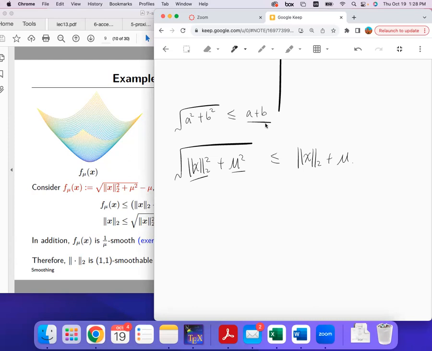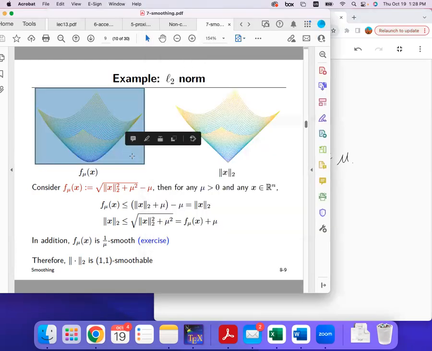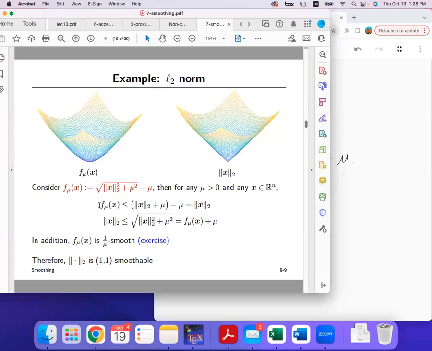Therefore, f mu is less than or equal to the L2 norm. And moreover, the L2 norm is less than or equal to f mu plus mu. So this shows that f mu of x is a valid approximation of the L2 norm.